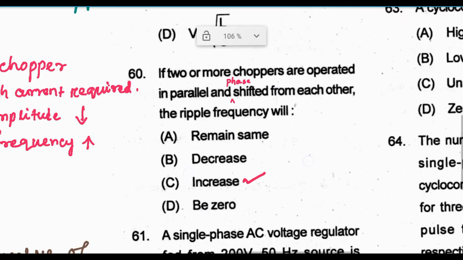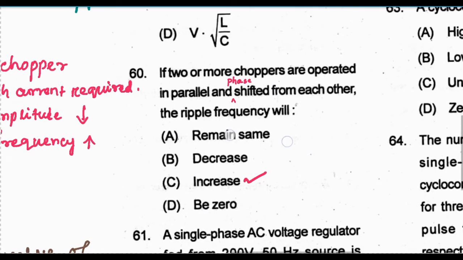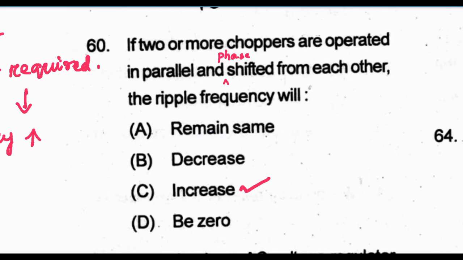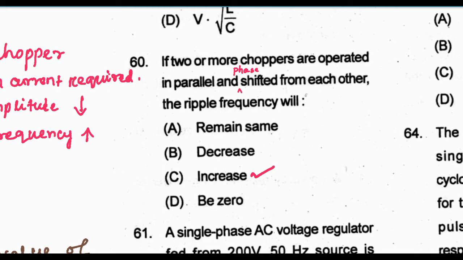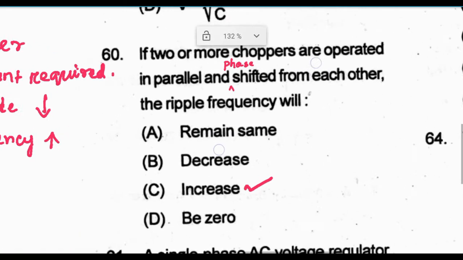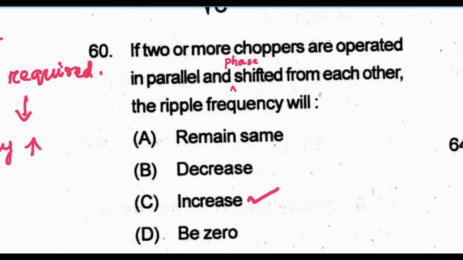Next question, if two or more choppers are operated in parallel and shifted from each other, the ripple frequency will be. So what is given here? If two or more choppers are connected in parallel and shifted from each other, this is actually talking about multi-phase choppers.